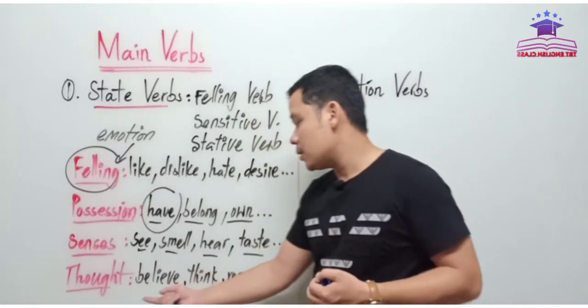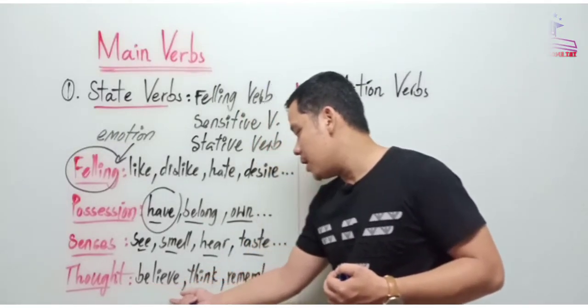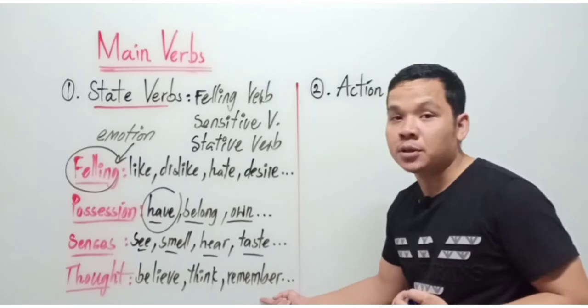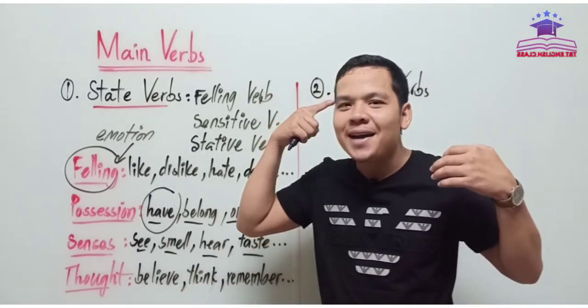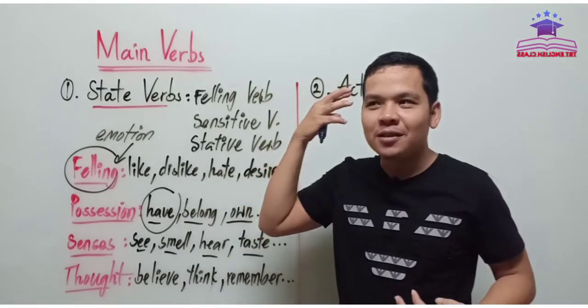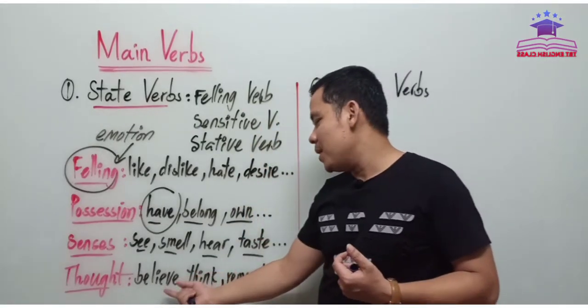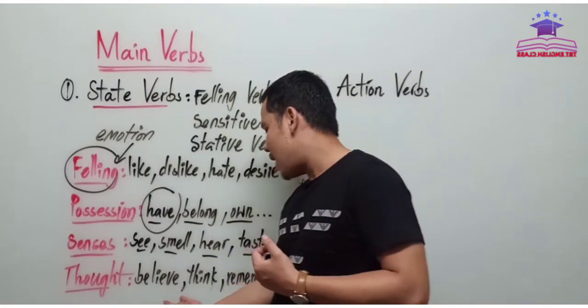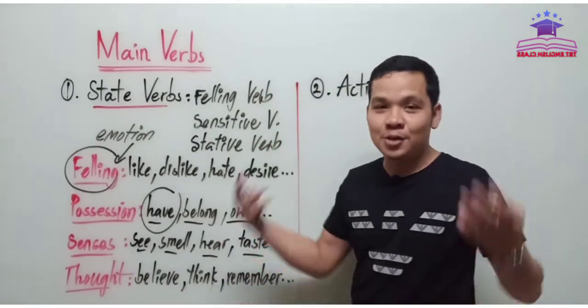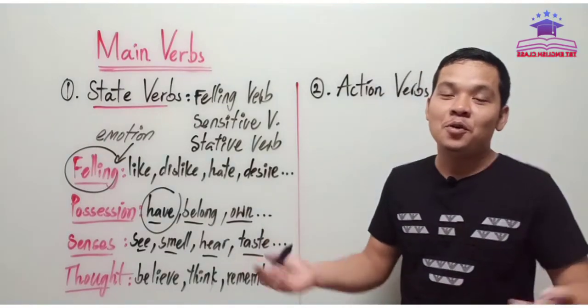You can see another one, thought, like believe, think, remember. So believe, our thinking, our mind, our idea, our opinion about believe, think, or remember. So these verbs tell us about thought or idea or opinion.